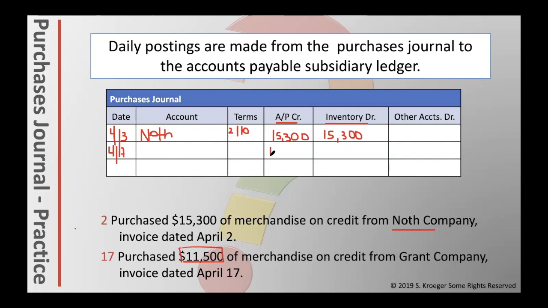That would go in both these boxes because the journal entry would be a debit of 11,500 and a credit of 11,500 to inventory and accounts payable. Once again, we do not need to use the other account column because we are using inventory. The name of the company is Grant Company, and that's what we write in the first box.